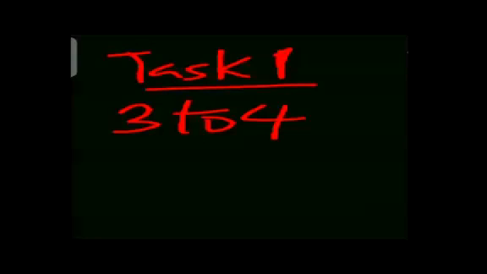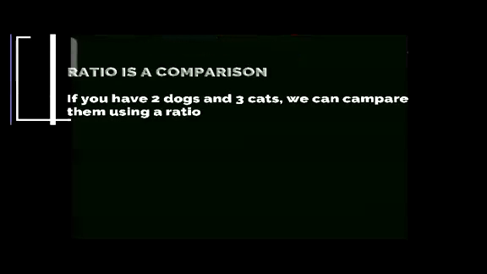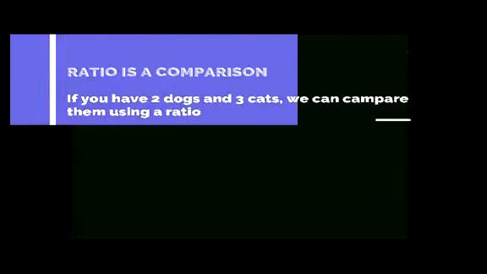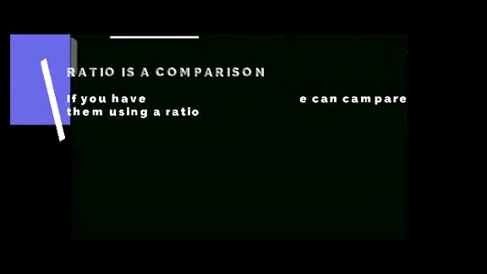Now I want to explain the fact that a ratio is a comparison. We have to get that very clear, that a ratio is a comparison. For instance, if you have 2 dogs and 3 cats, we can compare them using ratios. And how do we do that? We can say that you have a 2 to 3 ratio of dogs to cats.